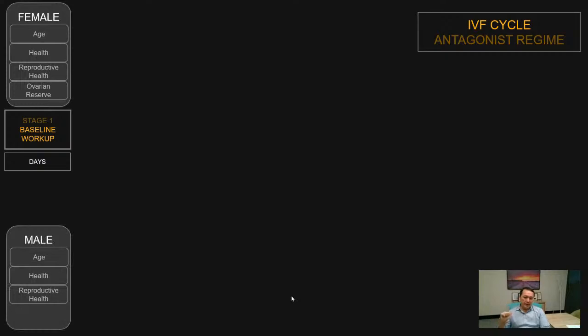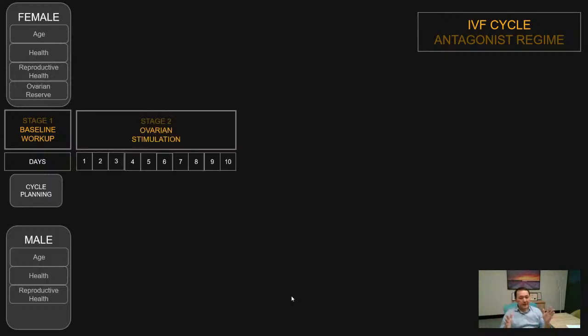Then we will discuss the role of male general health and reproductive health, and we will explain what tests need to be done before we can start IVF treatment. Then we will discuss how we plan the cycle, how we create an individualized protocol for each patient before we commence the IVF cycle.